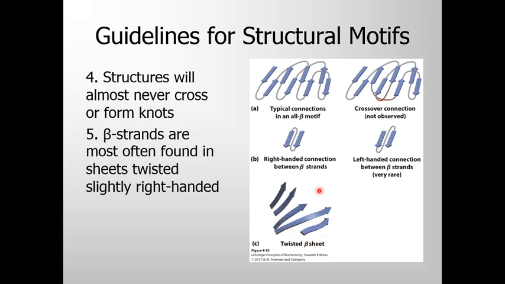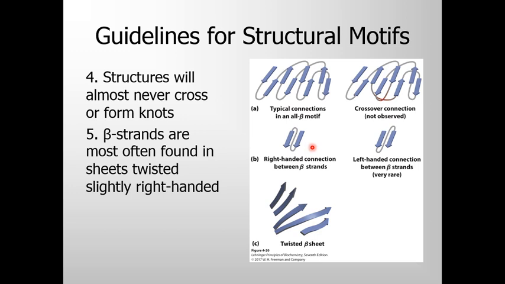Two parallel beta strands, like these two, must be connected by a crossover strand. In principle, this crossover strand could have a right or a left-handed conformation. Now, how is this a right-handed conformation?